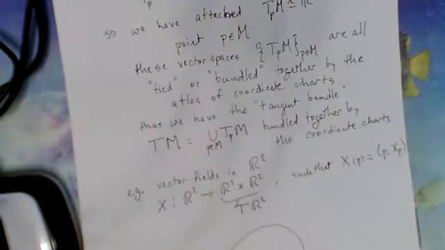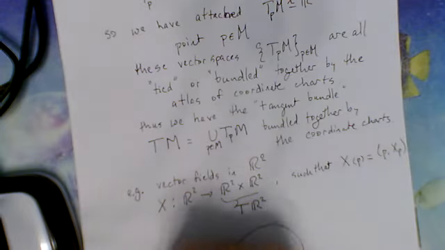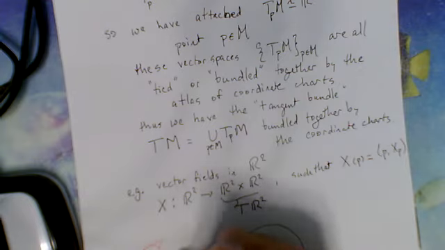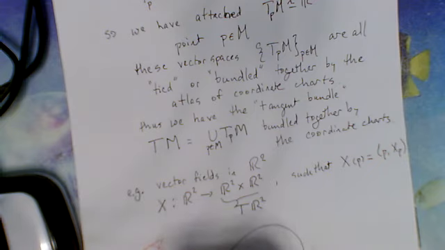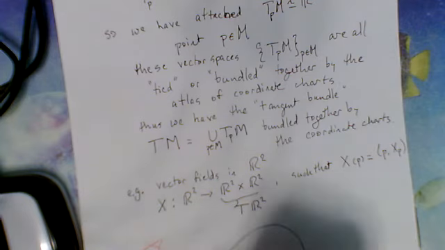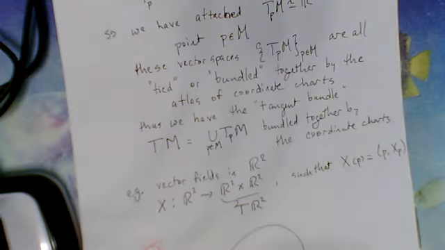You should think about this again: I have some manifold, and associated to any point on my manifold I have all these various tangent spaces, which you should think of in this picture as, given some surface, attached to each point on the surface I have all of these tangent planes.